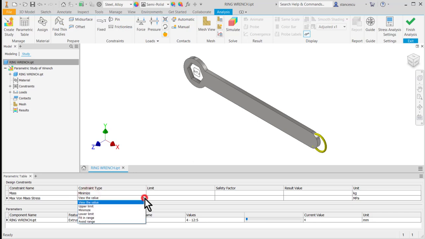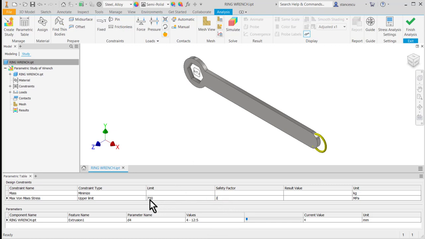What value for this? Upper limit. I present here an upper limit for the Mises stress. That limit is 700, which is not big, a moderate stress applied to this range, and the safety factor to be 2.